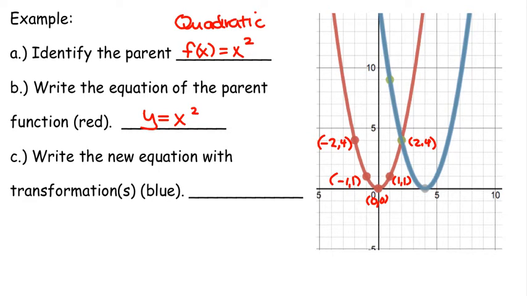All right, and now we need to figure out what is the transformation or transformations that are happening in this new blue function. So I'm going to focus on the critical point 0, 0 here. Notice that our new critical point is shifted to the right 4 units, and then it's not shifted up at all.